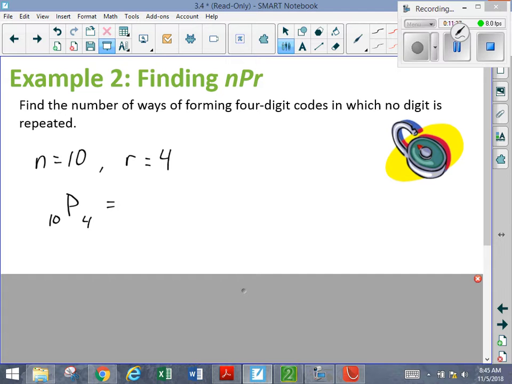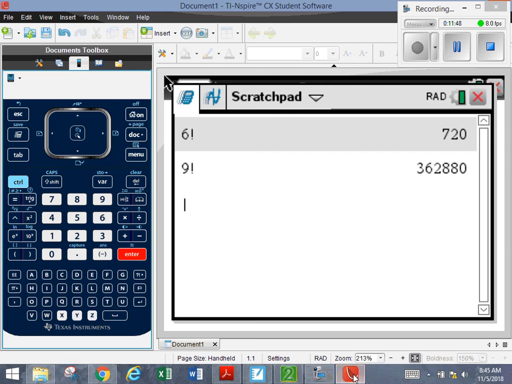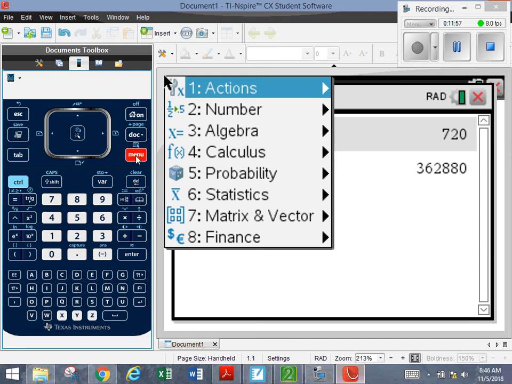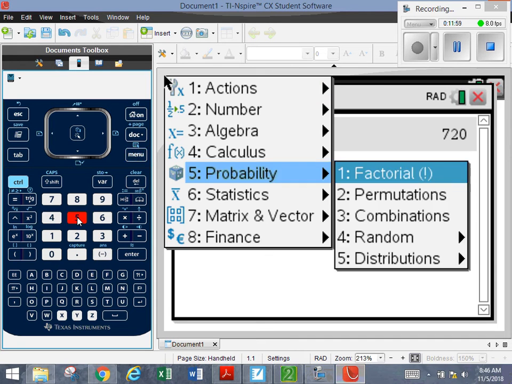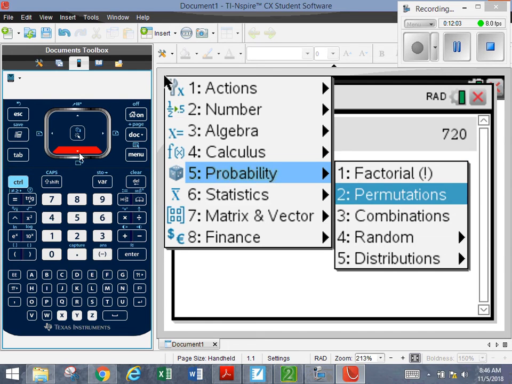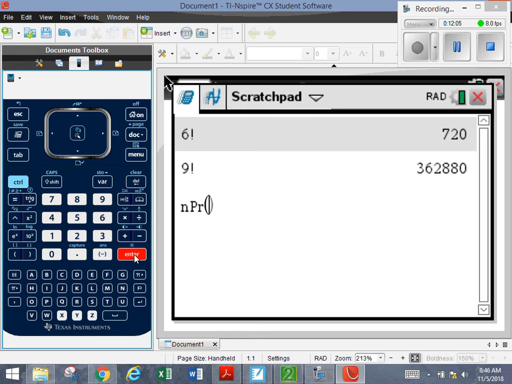So that is going to be equal to, then we'll go to our handy dandy calculator. We're going to go to the same place we were before. We're going to go menu, probability, and now we're going to choose permutation. And it gives us the nPr.